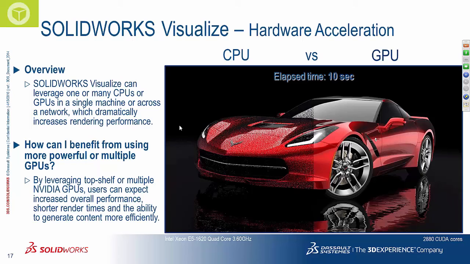So typical RAM on an M2100, I think, is 2 gigs, a 3100 is like 4 gigs. And when you get a file that's really large or you have a lot of textures applied to the file, you can fill up those 4 gigs pretty fast. So when you're running hybrid mode, it allows you to use your CPU but also your memory that's located on your motherboard. So if you have 16 gigs of RAM because you're a SOLIDWORKS user and you have a 4 gig graphics card, you have hypothetically 20 gigs of GPU or Visualize capabilities. So hybrid mode's a good thing.